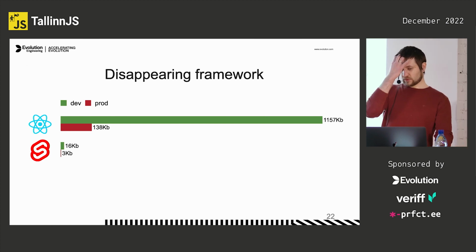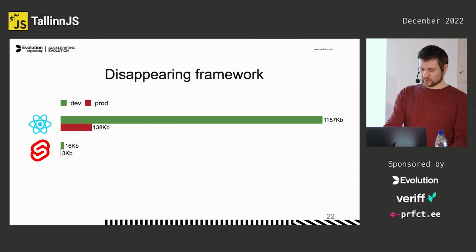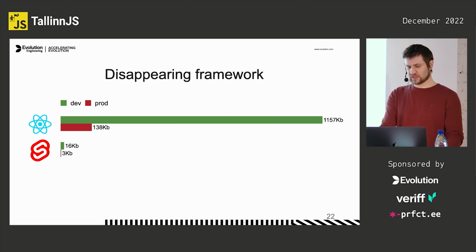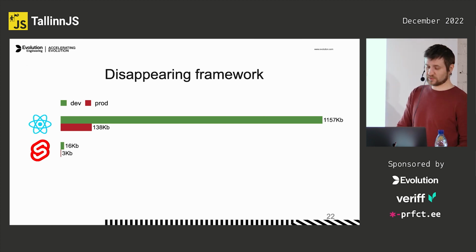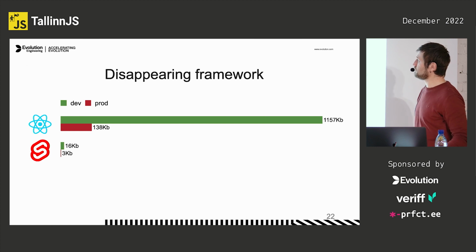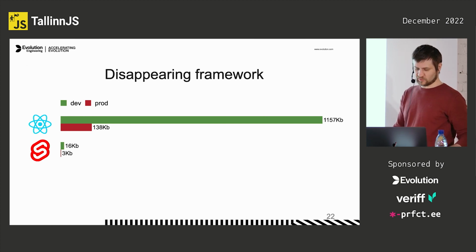Let's talk about when Svelte was released. In the first releases, Svelte was called a disappearing framework. It's because there are very few traces of Svelte in the output code.